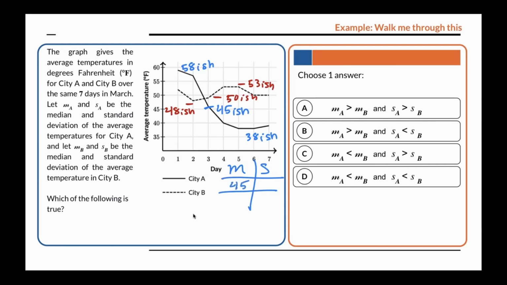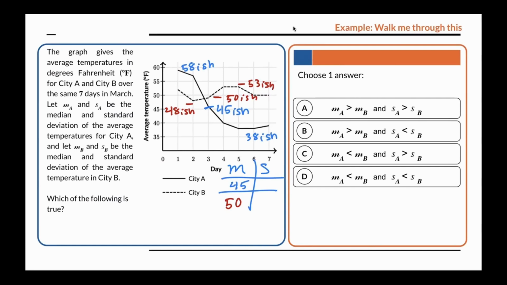And for B, it's 50 for the median. And for standard deviation, this is a little bit harder, but it would be the distance between the mean or median, mean and median I would use interchangeably, but the big thing to notice is that city A is a lot more dramatic, with the differences between the top and the bottom, so the standard deviation is bigger.